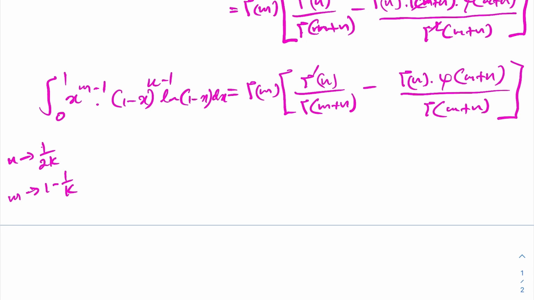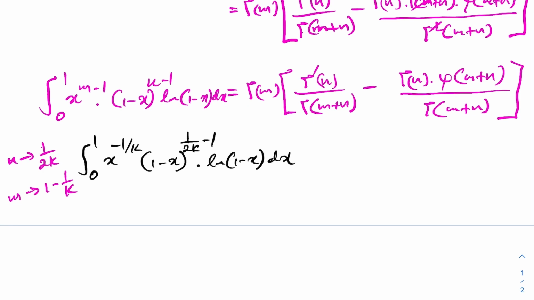So we know here the integral from 0 to 1, now x raised to the m minus 1, m we know is 1 minus 1 over k, so 1 minus 1 over k minus 1 gets cancelled, we have minus 1 over k times 1 minus x to the n, we know 1 over 2 times k minus 1, natural log of 1 minus x dx.